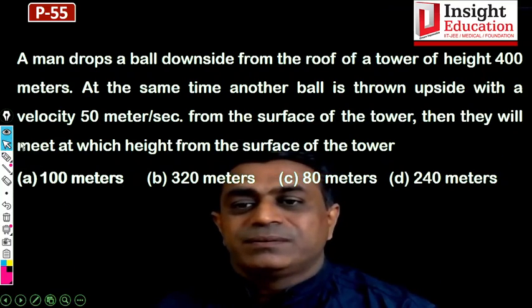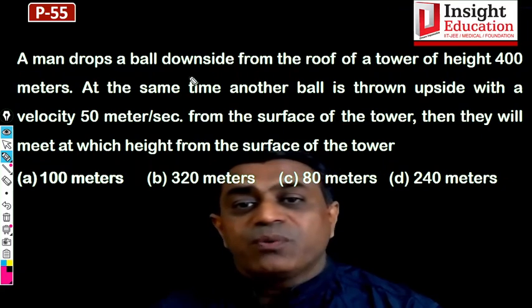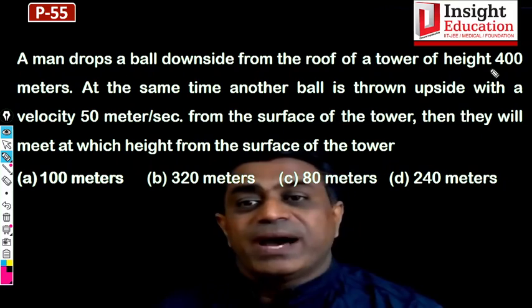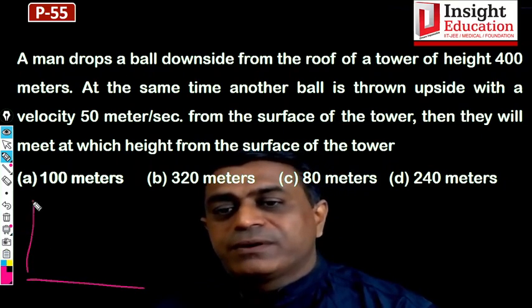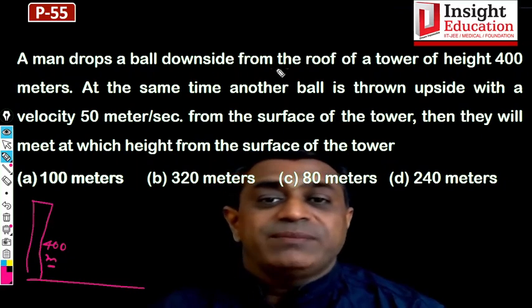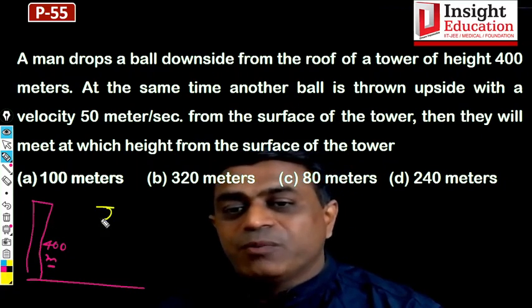Next example. A man drops a ball downward from the roof of a tower of height 400 meters. So consider a tower of height 400. Consider the first ball, a man dropped a ball.